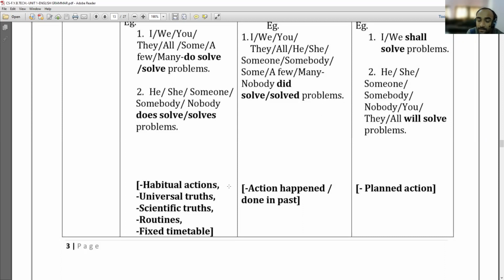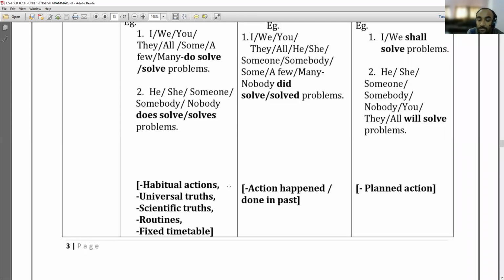This is the scientific truth. So for telling about this, we have to use the simple present tense. That is, we have to add s or es suffix when the subject is third person singular, and oil is a third person singular subject. We use it as the pronoun for oil.